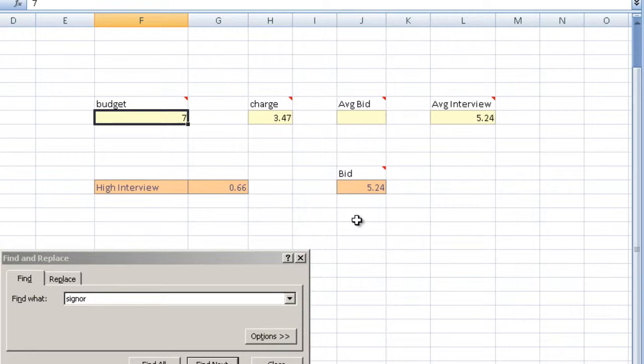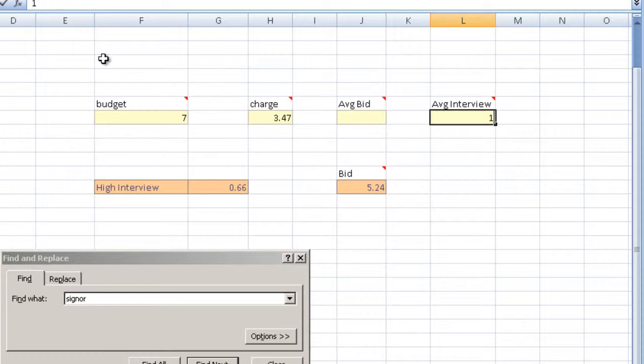If they were interviewing at a higher rate, say higher than the actual budget, because sometimes clients will actually interview higher than the budget amount because maybe they originally had a price in mind, but after they saw the bids coming in, maybe they figured that it was an unrealistic price, or that they saw some very good contractors who charged more than they expected, and so they changed their mind and they're willing to interview at a higher amount.